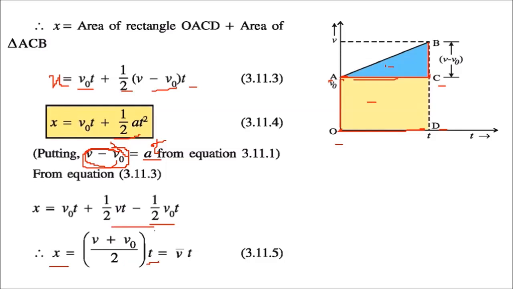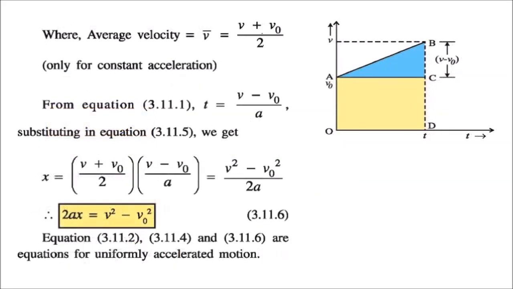If we just rearrange, we get (v plus v0) by 2, because we are taking this half as common, and this is the average. An average is always (a plus b) by 2. In this case a is v, b is v0, so the average velocity is (v plus v0) by 2.